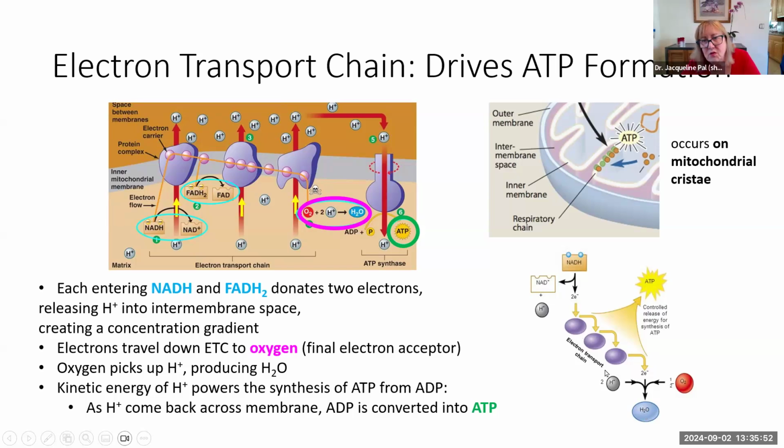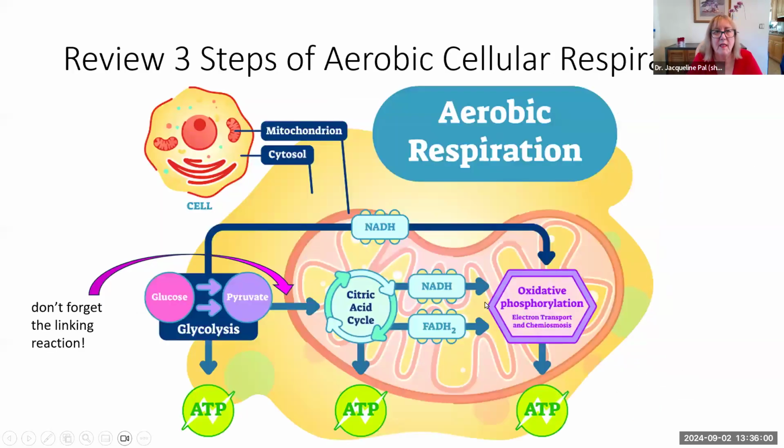And this controlled release of the energy from the hydrogens is going to enable us to synthesize ATP. So take this moment, review these three multi-step processes in aerobic cellular respiration, and don't forget to put in that fourth process, the linking reaction. So stop it and then return back, because I'm not quite finished.